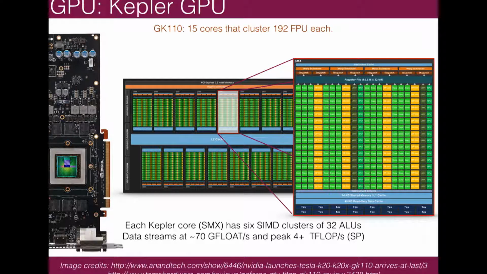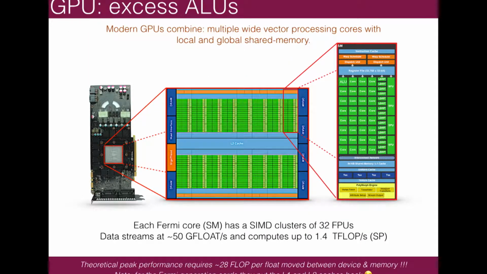This one, the Kepler class, came out about a year and a half later. They're still on roughly the same year and a half period of new product release that Intel's on. 15 cores, but this time it went to 192 floating point units. The Fermi class processor was a processor designed more for general purpose work. Unfortunately, that impacted NVIDIA's competitiveness in the games market.